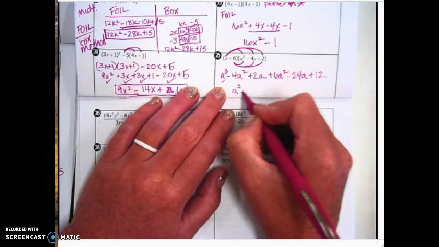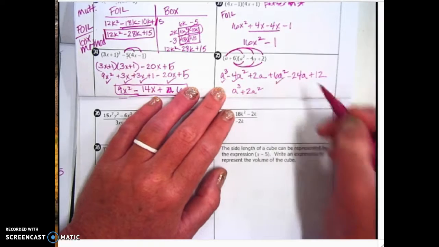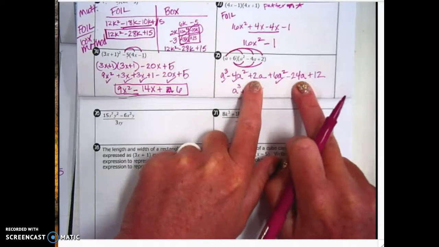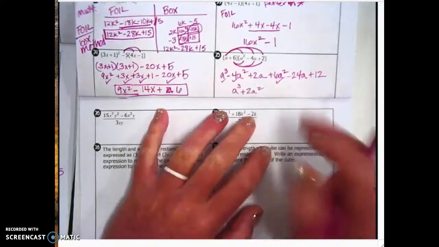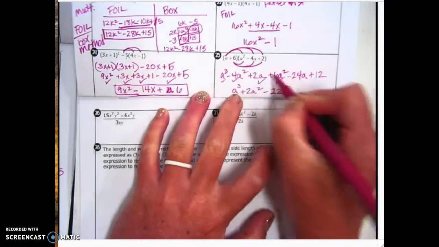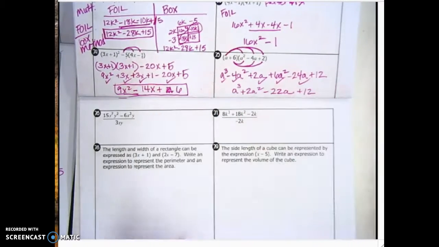So that gets me 2a squared. Check them off so we know we've used them. Now we look for the next largest exponent, which is just the a's. The 2a minus the 24a is minus 22a. Check them off. And the only one left is the 12, so it obviously doesn't combine with anything. Okay?